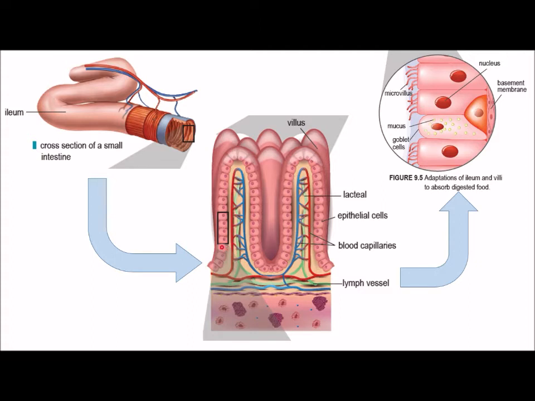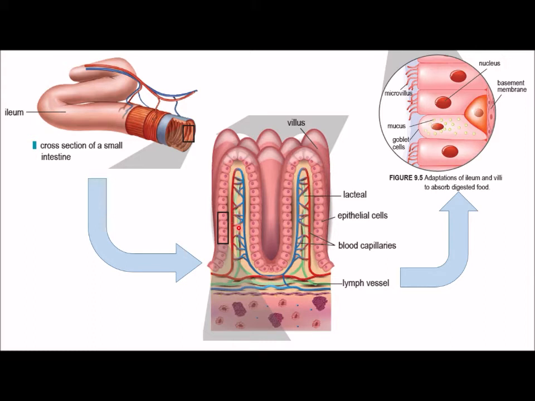You can see from the diagram the wall of the villus consists of a layer of one epithelial cell. This will accelerate the nutrient absorption as the nutrient can move through the epithelial cell easily into the blood capillaries and lacteal.